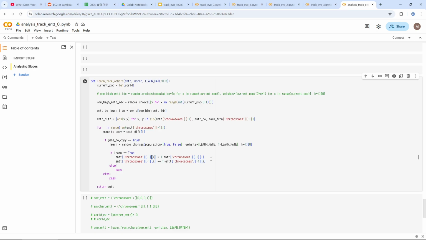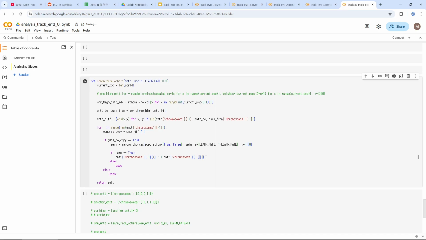It would always be different when all we're talking about is either a 0 or 1. 1 minus 0 is 1 when the original gene would be 0, or 1 minus 1 is a 0 when the original gene is a 1. So all that time I was getting the value of false for this line, and it wasn't doing anything to the entity in question, so I fixed that.